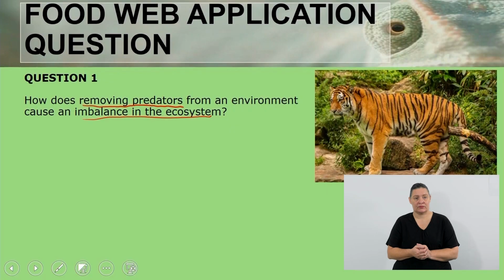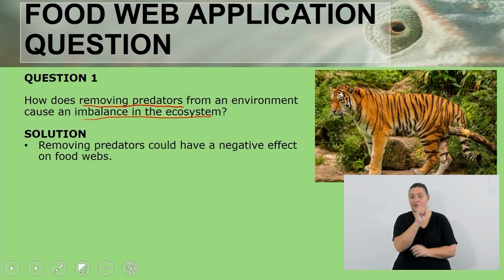Because if you remember, predators are those animals that catch and kill and eat their prey. So now, if all of those animals were to be taken away from an environment, what would then happen? So the first thing that would happen is that we would have a negative effect on the food web.